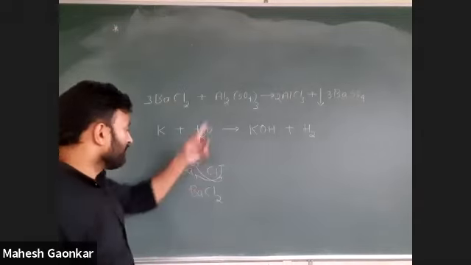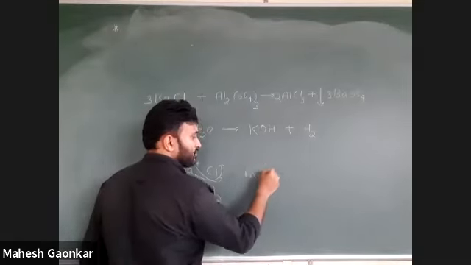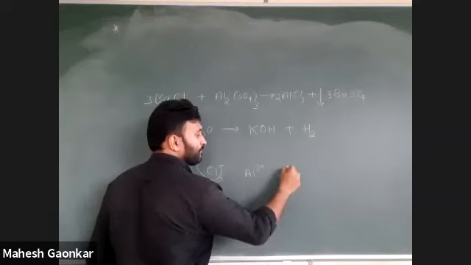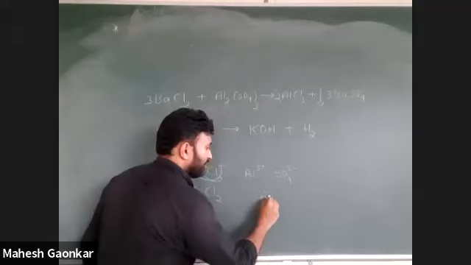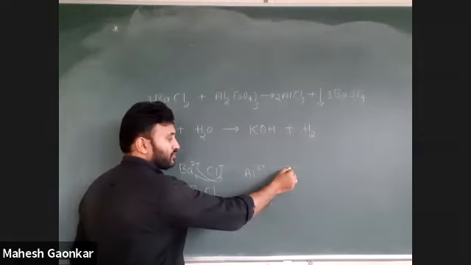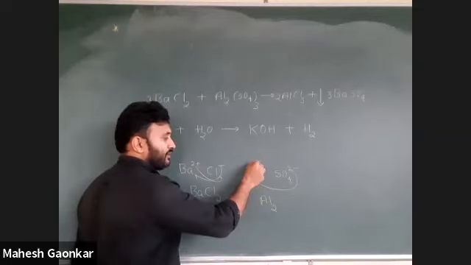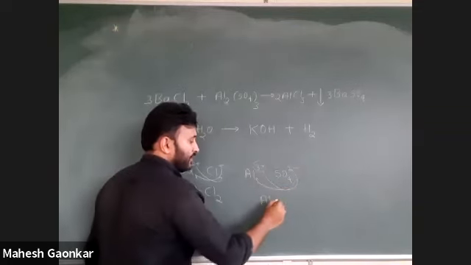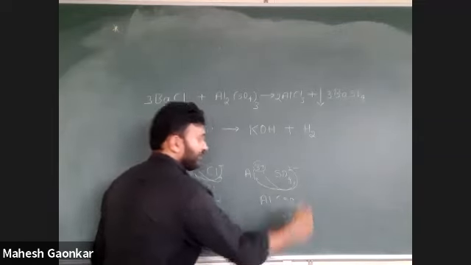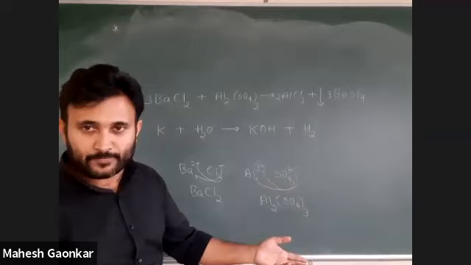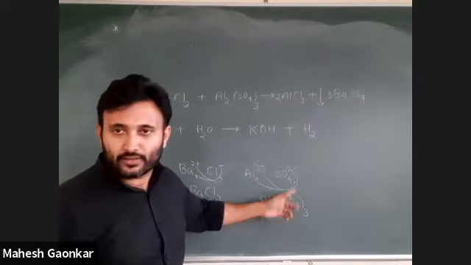Similarly, aluminium sulfate. Aluminium, its charge is 3 plus, and sulfate, its charge is 2 minus. So when we write aluminium here, this sulfate charge we write here, then it should be Al2. And 3 plus, this charge we write here, and we open the bracket, SO4, then write 3, or else it may look like 43. That is why we have to put the bracket, right? This is a multi-atomic radical.